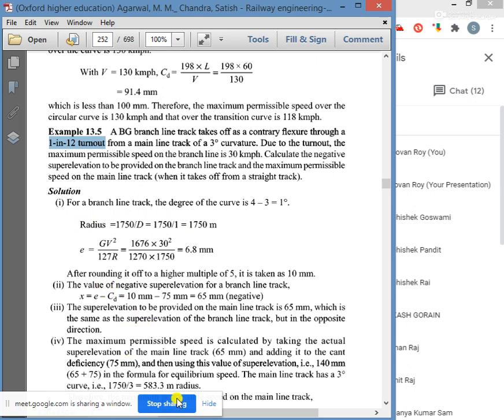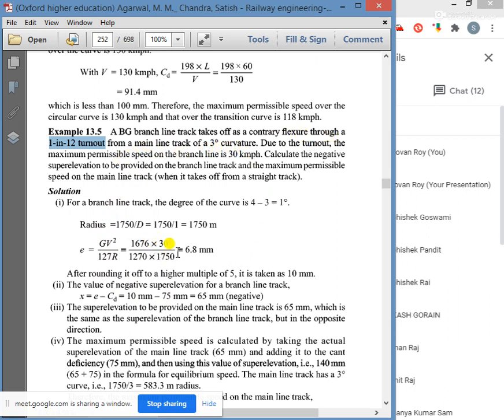The super elevation of the branch line formula is E equals G V square by 127 R. G is 1676 for the branch line, and V is the speed of the branch line. The maximum permissible speed on the branch line is 30 km per hour.